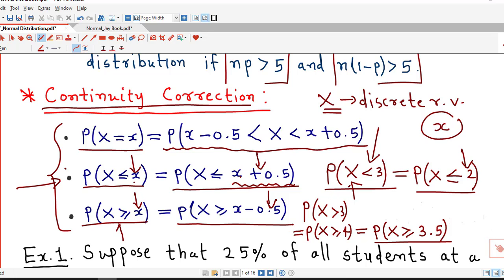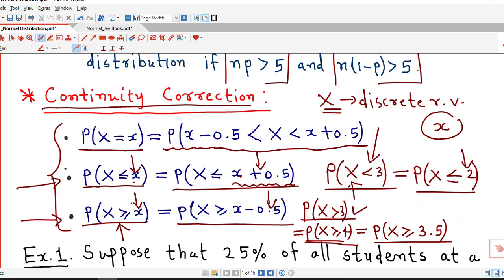Here we are using the probability that capital X is greater than or equal to x is the probability that capital X is greater than or equal to x minus 0.5. This probability is not in this form, but because capital X is a discrete random variable, we can write this as the probability that capital X is greater than or equal to 4. These two are equivalent, both are equal.